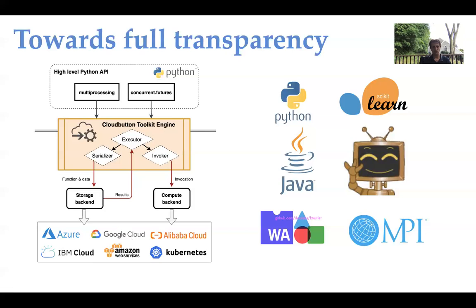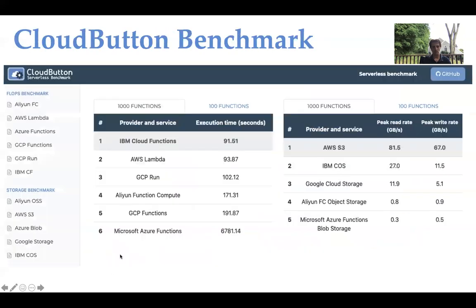As a result of this portability and multi-cloud support, we are going to publish a CloudButton benchmark where we will compare the different clouds using big data applications. We also will publish soon a paper on this comparison.